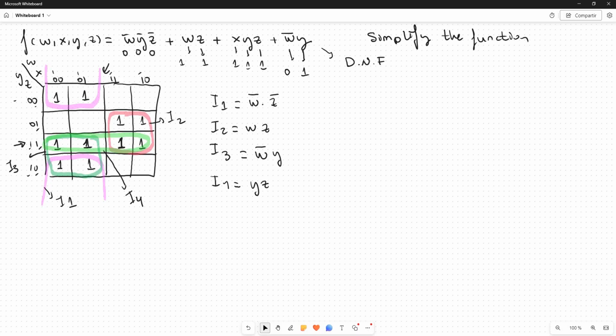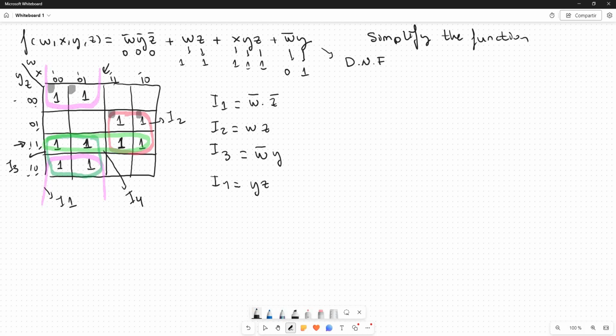So, next step, we are going to locate the distinguished cells, those cells that are covered by only one prime implicant. So obviously these two that are only covered by implicant 1, and these two that are covered by implicant 2. The other cells are covered by 2 or more implicants.